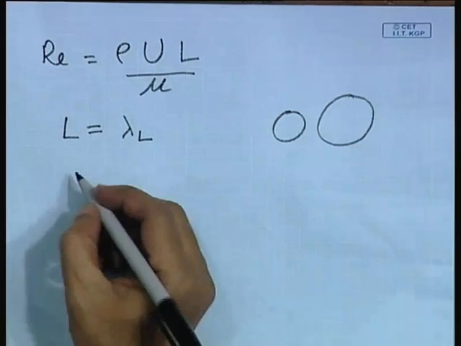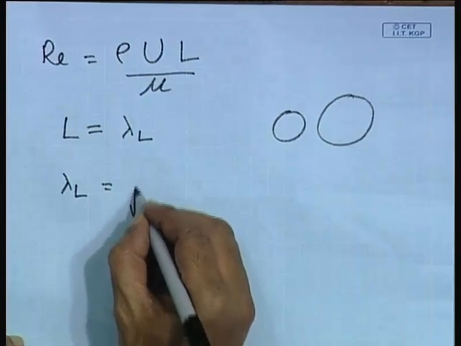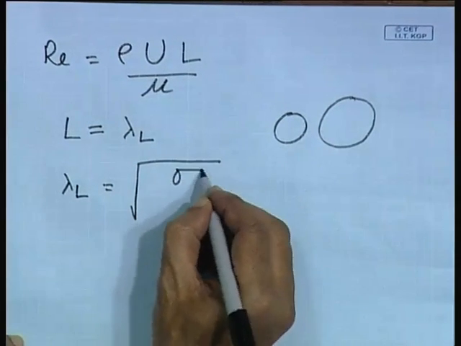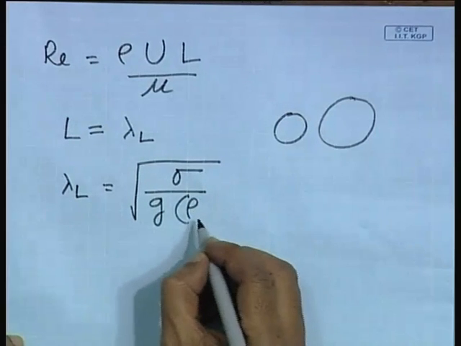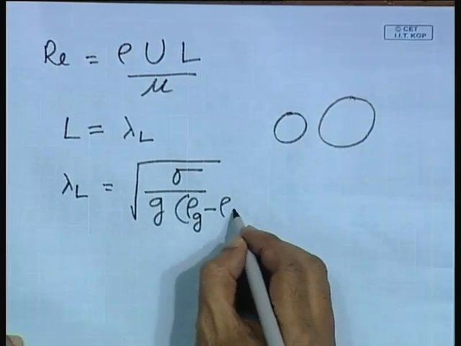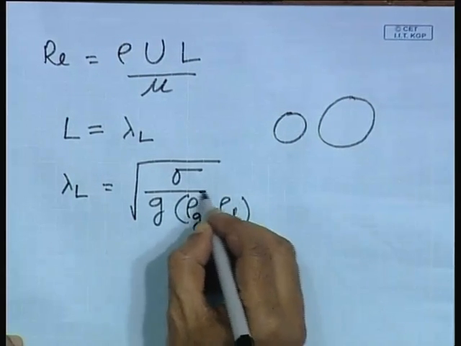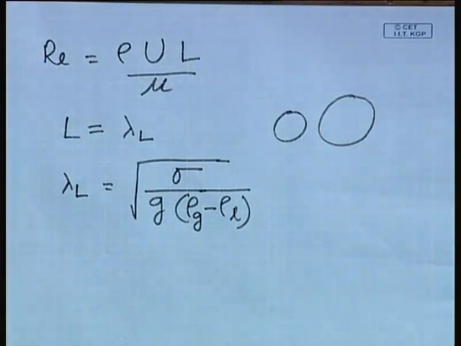So, that is why it has been defined like this. Already we are familiar with this kind of expression, sigma by g times rho V, or rho G gas, minus rho L or rho F. So, this is how your length parameter is defined.